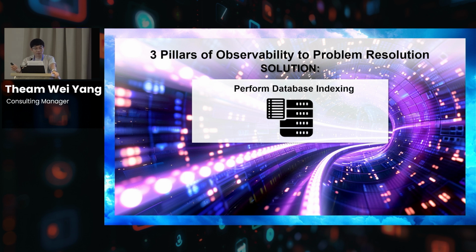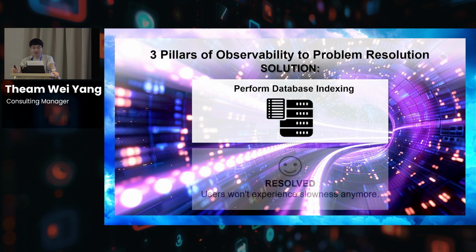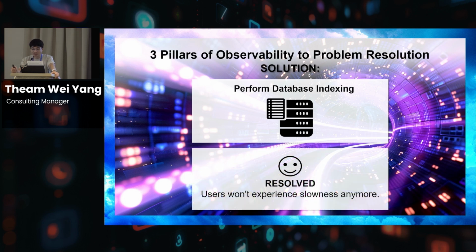So after performing the indexing, we monitored the dashboard for a while and the operation was back to normal again. So with the case study, I hope you all have a better insight into how observability and how Kaizen tool play hand in hand to help your system be more reliable and more robust.